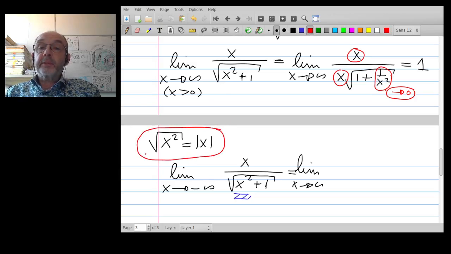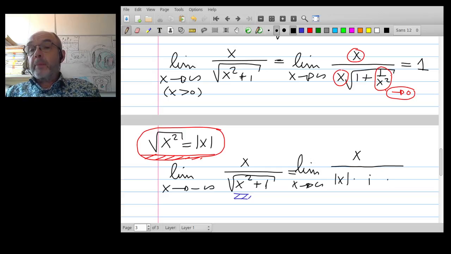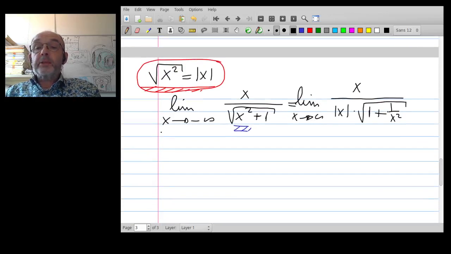This is of importance. So now you want x outside the square root, so you get the absolute value of x times the square root of 1 plus 1 divided by x squared. Look what happens: your x is smaller than 0, you go with x to minus infinity, so x is negative.